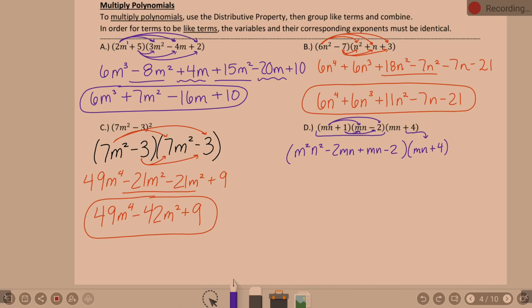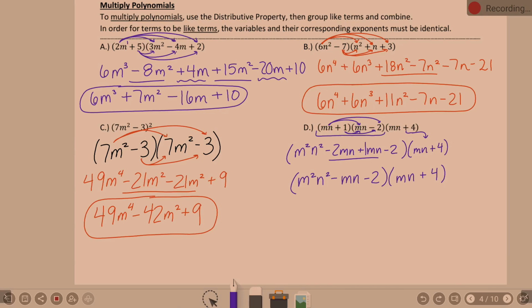I would agree. Let's clean up this first one first. Fewer terms to multiply if we clean up now. What do we know about negative 2mn plus mn? Negative mn, right? Because it's negative 2 plus 1. So I'm going to have m squared n squared minus mn, minus 2 times the mn plus 4 that I don't want to forget, so I keep writing it down.